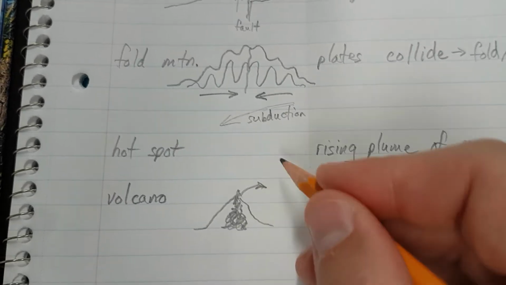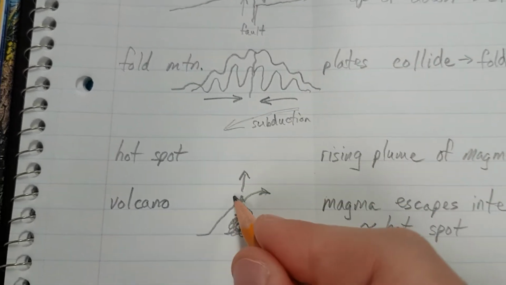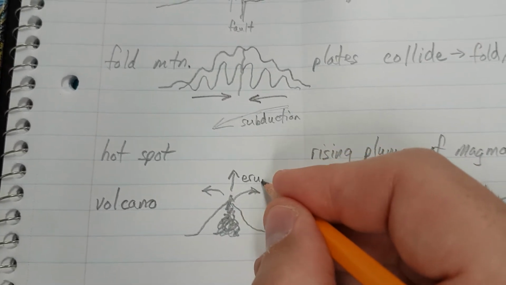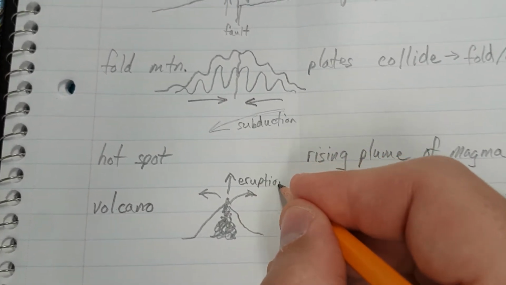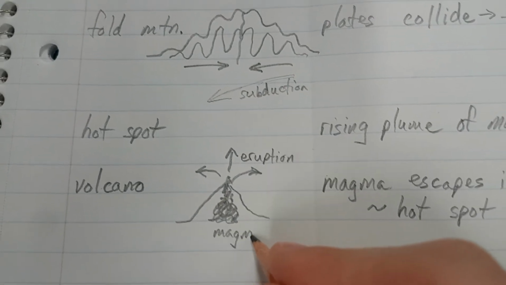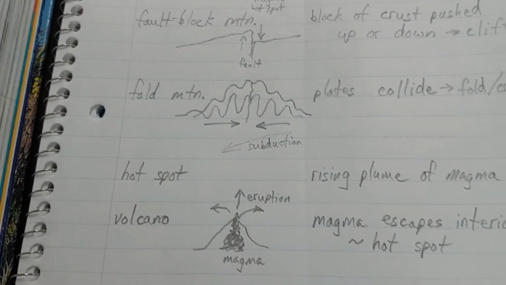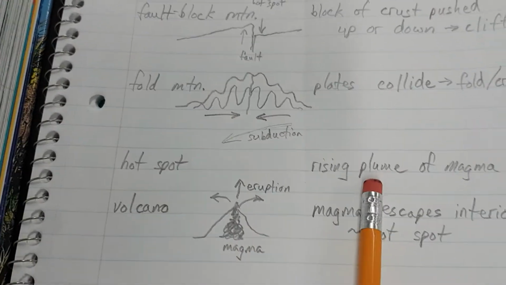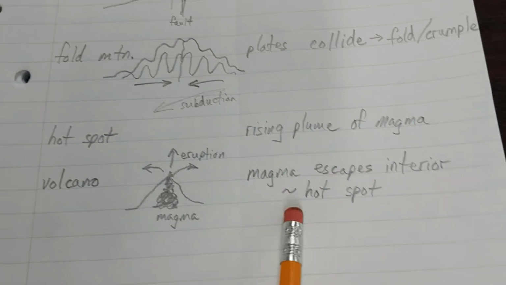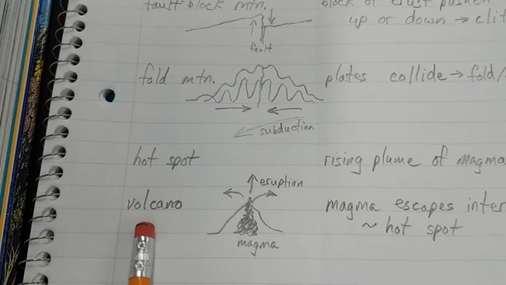And now the arrow's coming up out for the volcanic eruption. Here's the magma down here. There we go. So if a hot spot is hot enough and strong enough, it can escape the Earth's interior and erupt out to form a volcano.